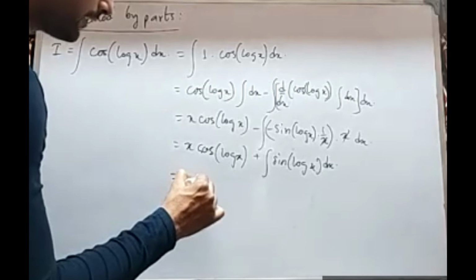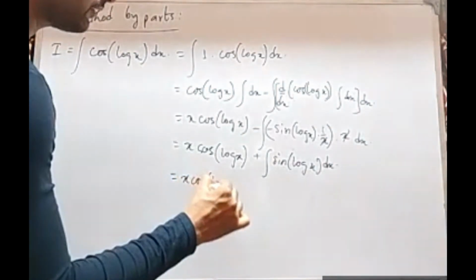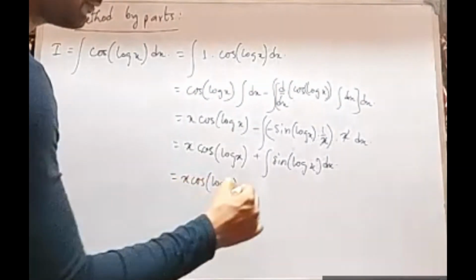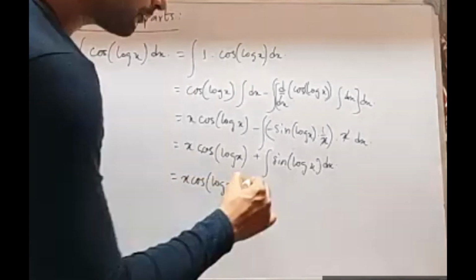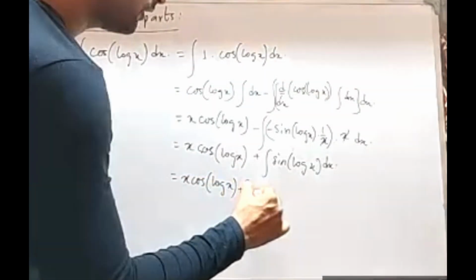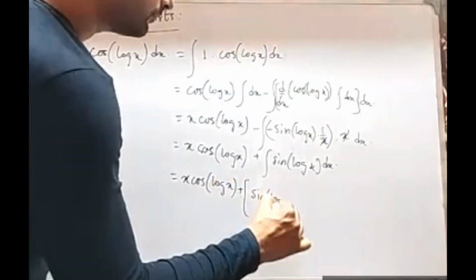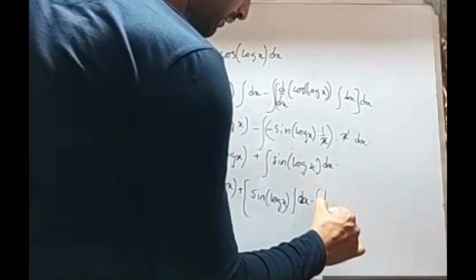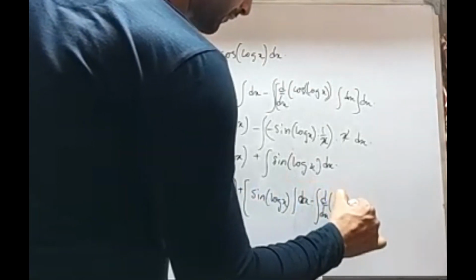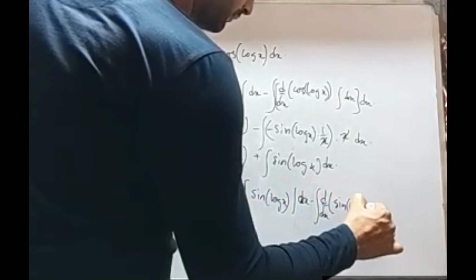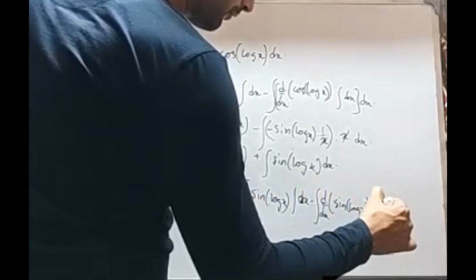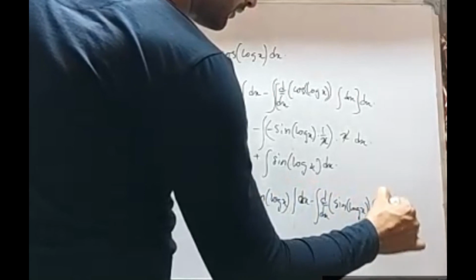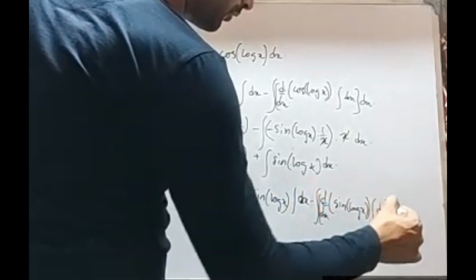So it is x cos log x is there. Now again integration, so sine log x is outside, integration dx minus d dx of sine log x integration dx, integration of the product.